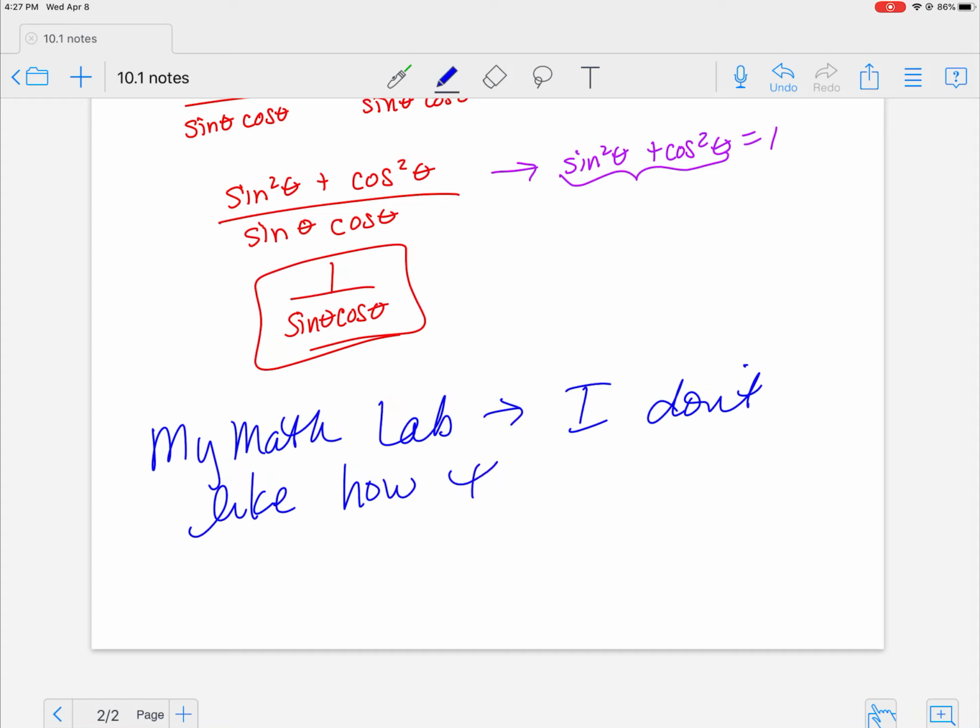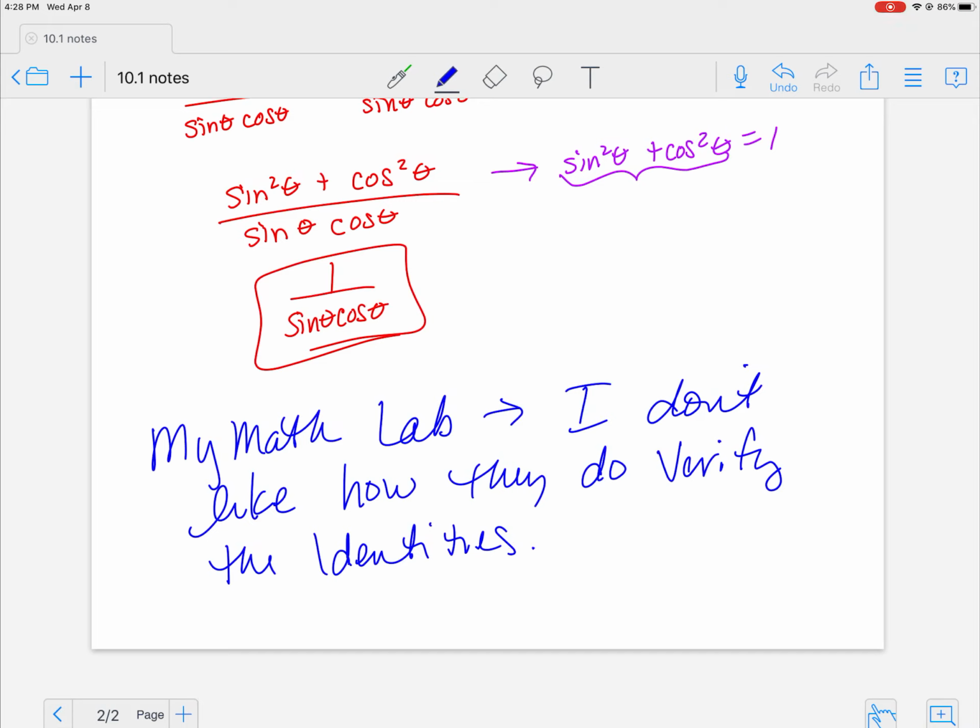All right. Now, with that being said, my math lab, I don't like how they do this. How they do verifying an identity. I said proof, it's verify.